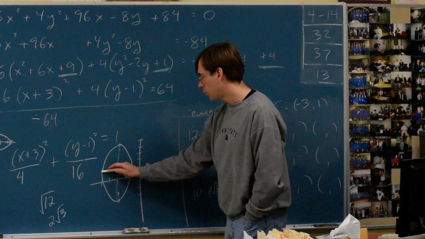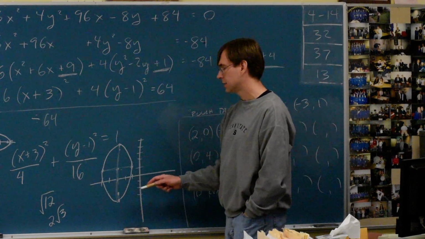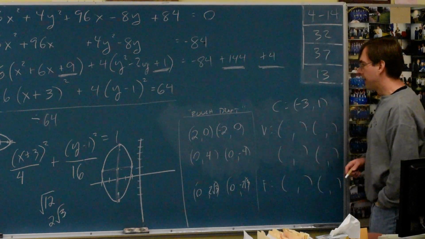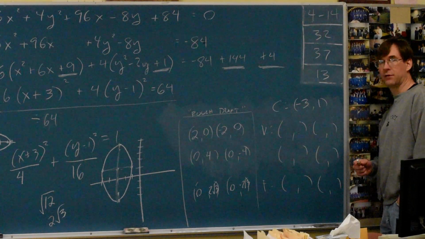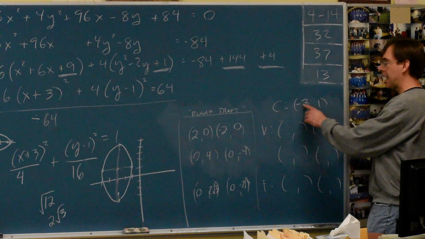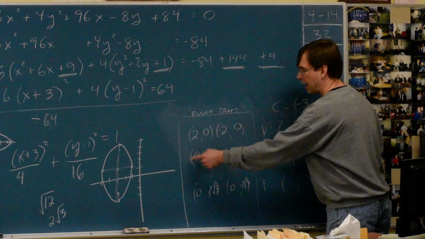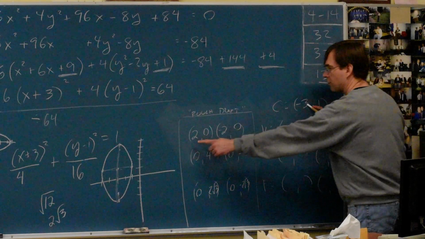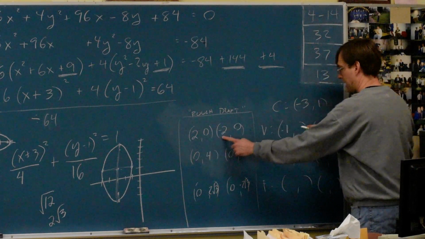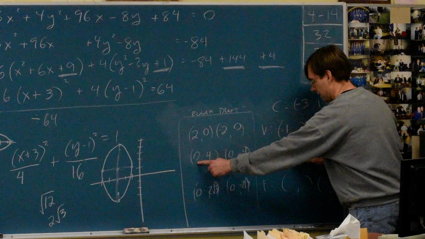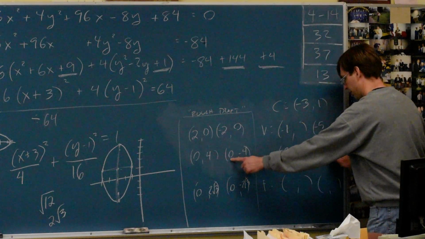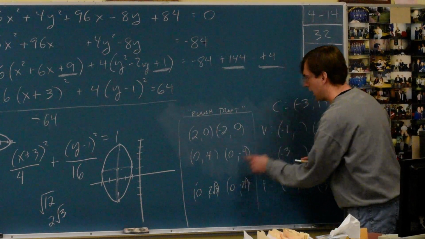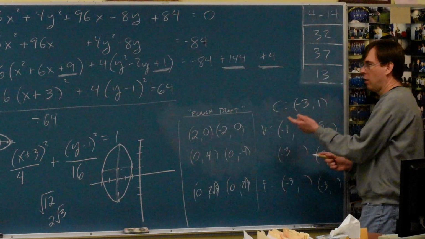The one that goes this way, that's called the minor axis, but the foci will always be on the major axis. And the last thing we have to do to turn the rough draft into real answers is take negative 3 and add it on to every x. Negative 3 is an x, so add negative 3 on to this, add negative 3 to that, add negative 3 to 0, add negative 3 to all the zeros that are firsts, and then take the 1 for the y and add it on all the y's.